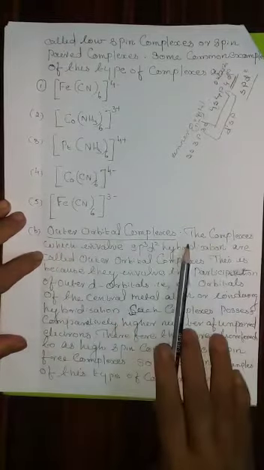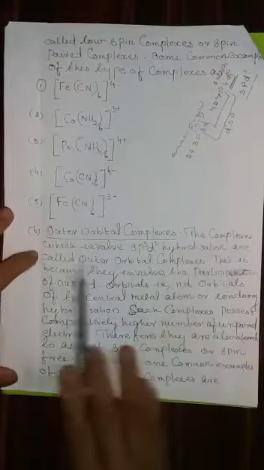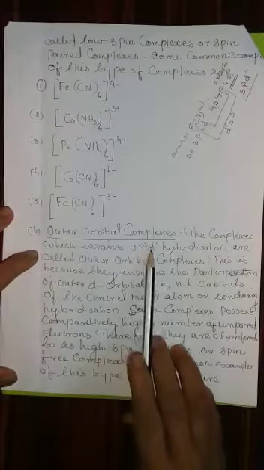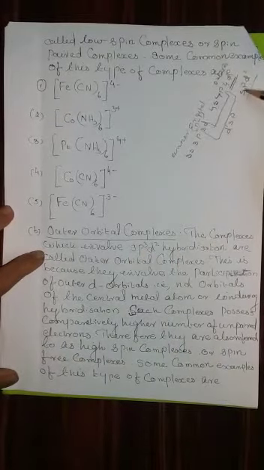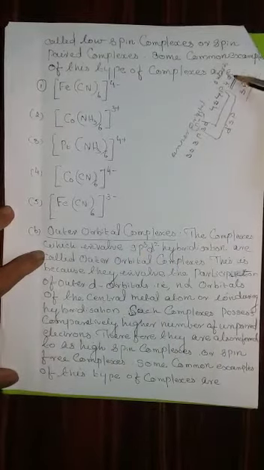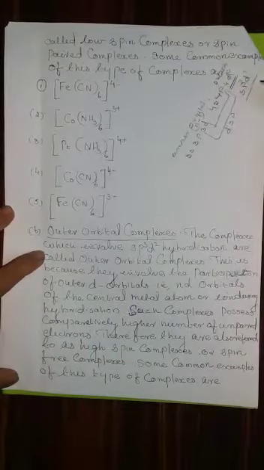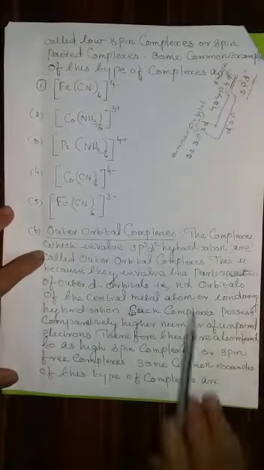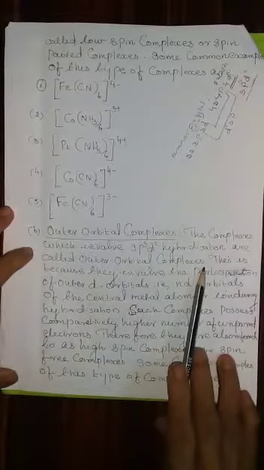Next, we are going to discuss the outer orbital complexes. The complexes which involve sp3d2, that means d from the nth shell, that is 4, are called outer orbital complexes.